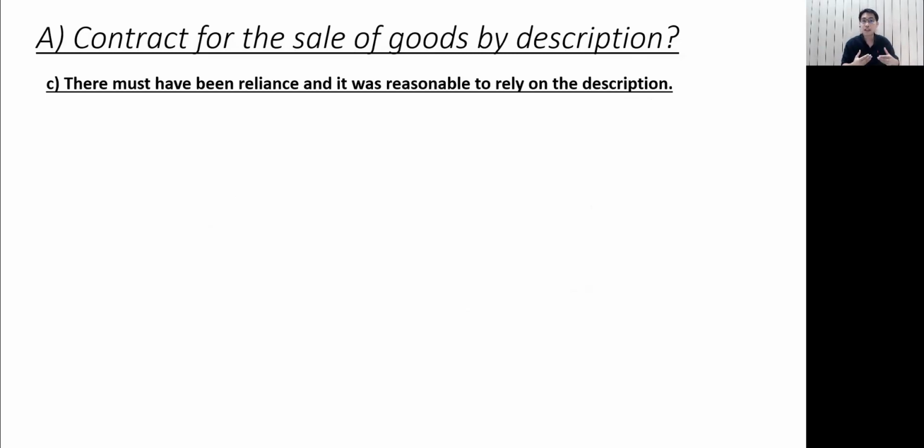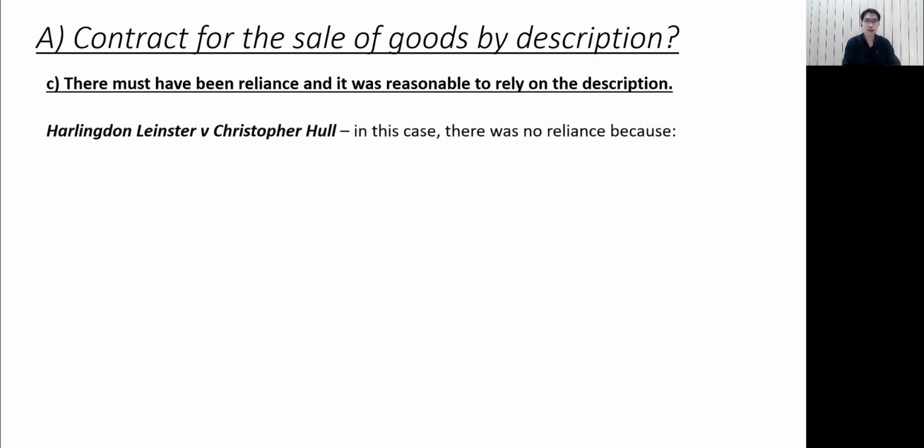The buyer must have relied, and beyond reliance, it must be reasonable for the buyer to rely. And we saw this in the case of Harvey v Christopher Hull, a case that you must quote. So this is a 3-star case. In fact, the most important case so far for this answer, because the case also involved a painting by a famous artist, a Constable painting.